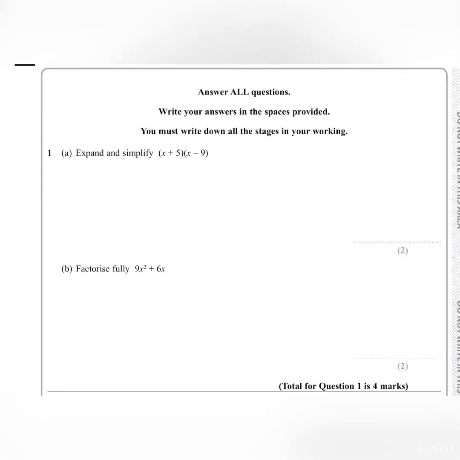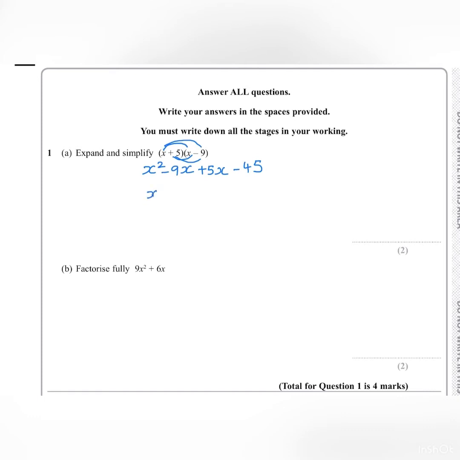Question number 1 says expand and simplify (x + 5)(x - 9). We can start off by doing x times x, which is x squared, x times minus 9 is minus 9x, and 5 times x is plus 5x, and plus 5 times minus 9 is minus 45.